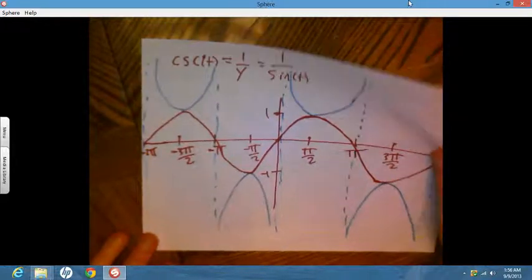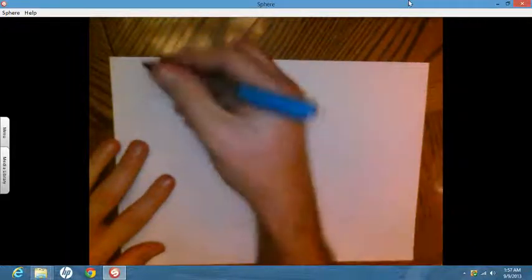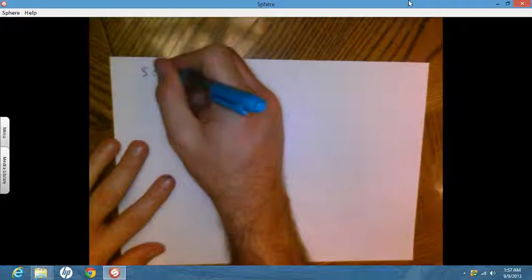Now, the secant function, or the secant of t, is equal to 1 divided by x, which is equal to 1 divided by the cosine of t. Now, that tells me that the secant is not defined anywhere where the cosine is 0. So basically what we're going to do is the same as the last time. It's going to be an even function, and it's going to have the same range as the cosecant.